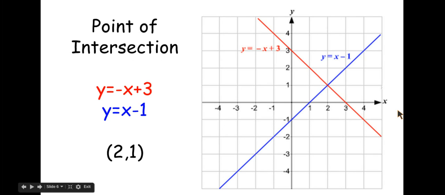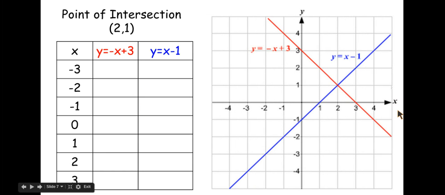Another way to find a point of intersection is by making a table. So here I've got this list of x values from negative 3 to 3, and we can plug these x values in for x in our equations to get the y values. So negative 3, if we plug that in for x, we take the opposite of that, so that's 3, plus 3 is 6.